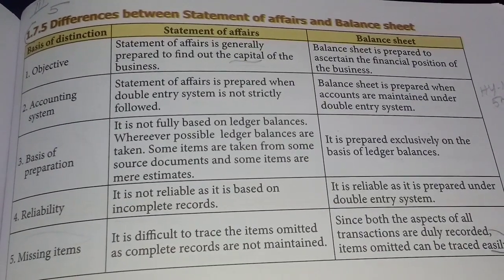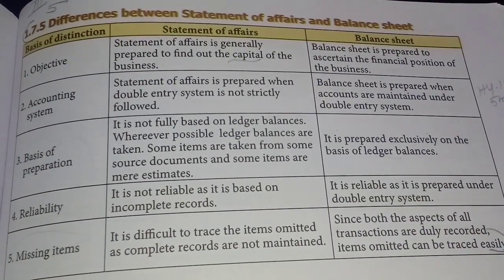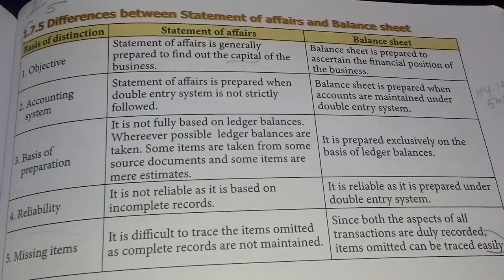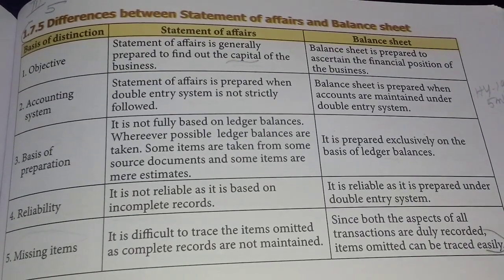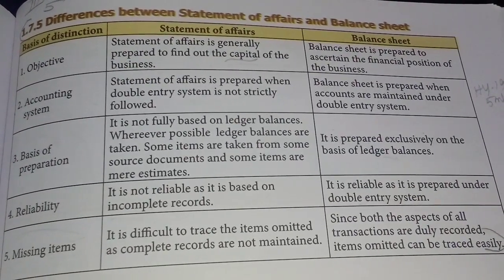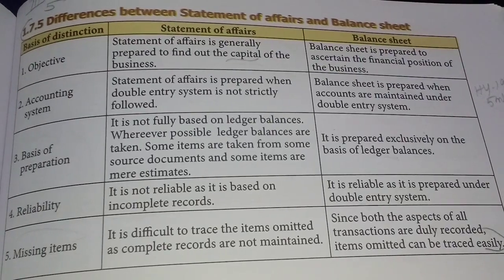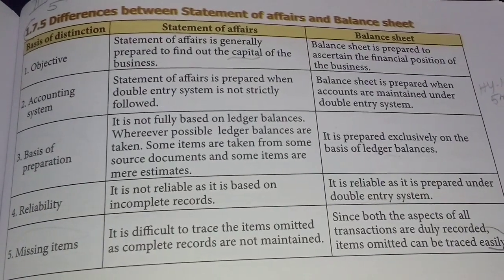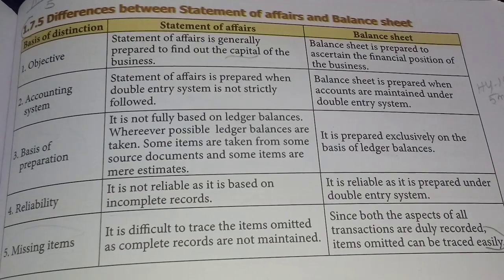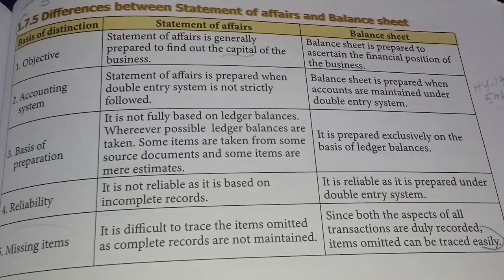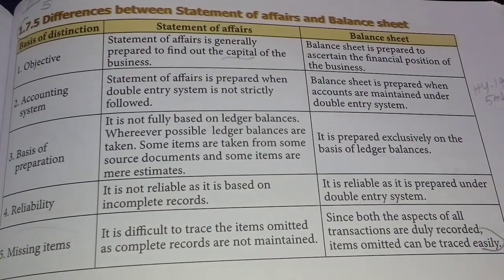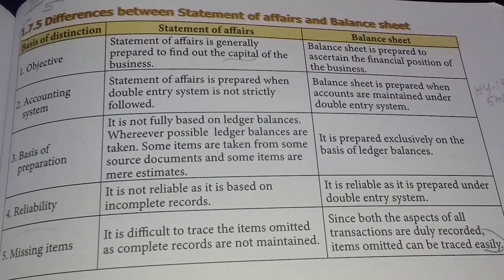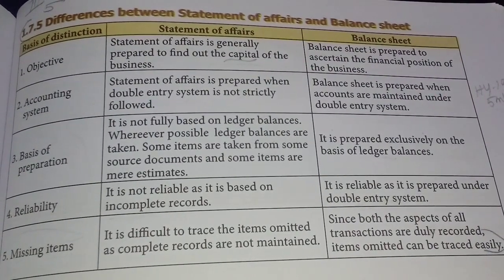The missing items: in the statement of affairs we cannot trace out missing items. But in the balance sheet, if any one aspect is missed, we can trace it out because both aspects of a transaction are entered. So if one is misplaced, we can find it out.